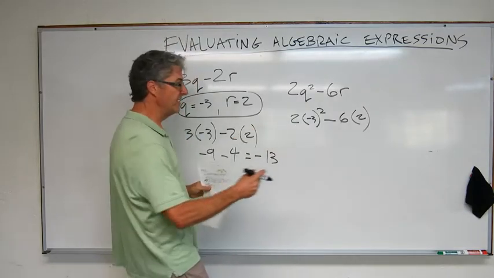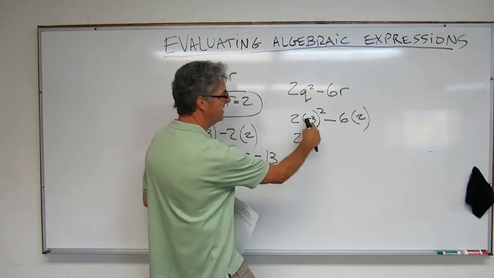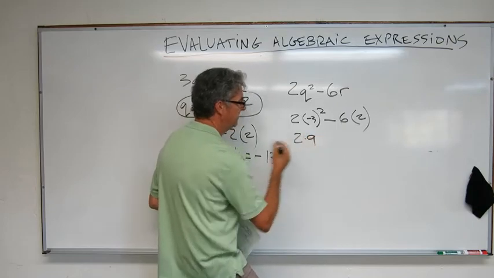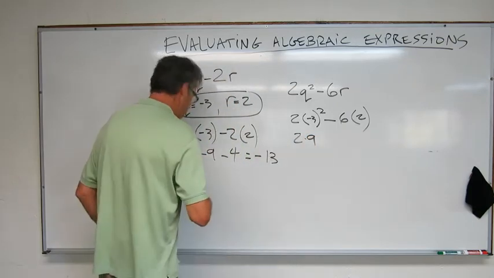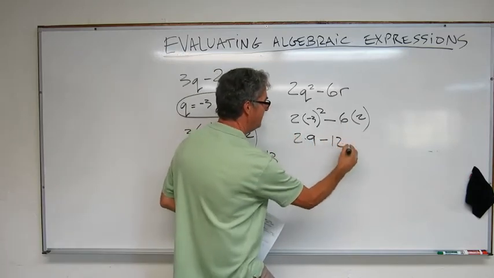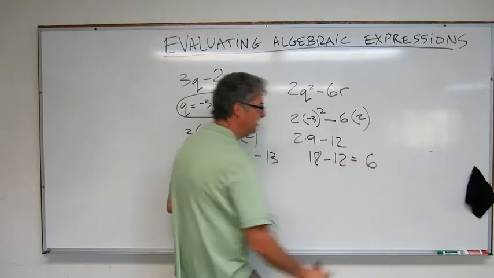Okay, let's evaluate. So this becomes 2 times negative 3 times negative 3 is positive 9. Okay, so I messed up in my little explanation there. Minus 2 times 6 is 12. We get 18 minus 12, which gives us 6.